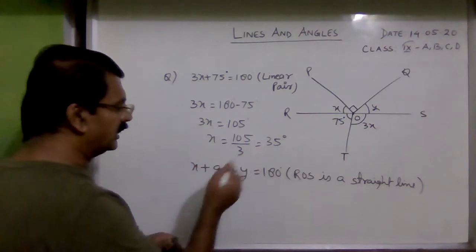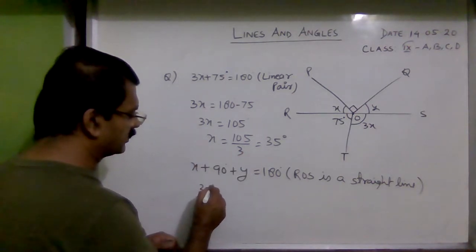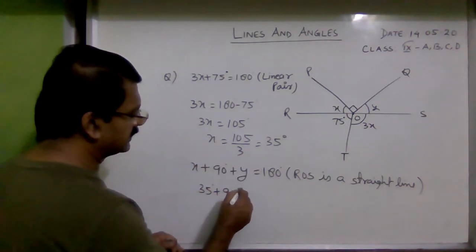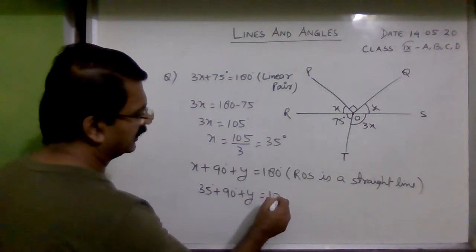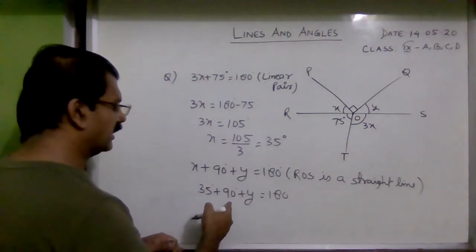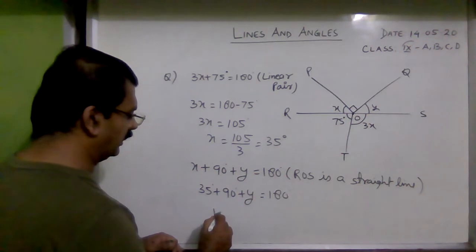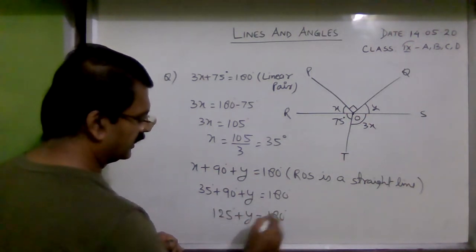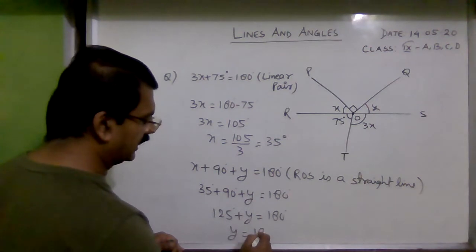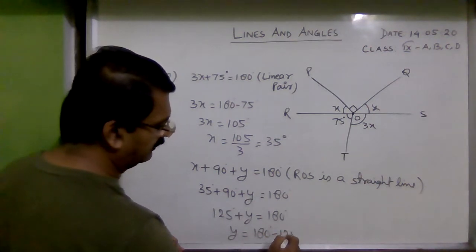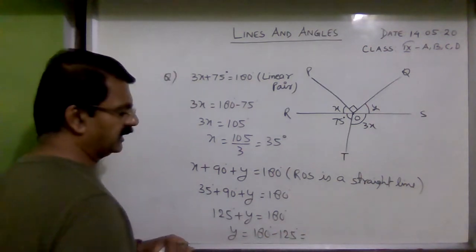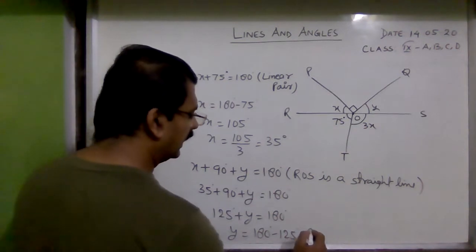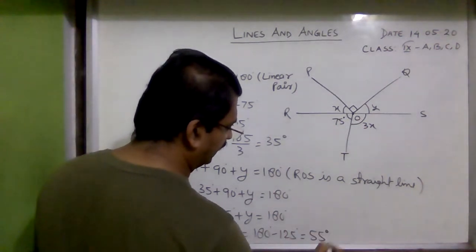Now x we have already calculated, so you put the value of x over here. 35 plus 90 plus y is equal to 180 degree. Now 90 plus 35 will be 125 plus y is equal to 180 degree. Now y will be equal to 180 minus 125, and when you subtract 125 from 180, you will get 55 degree.